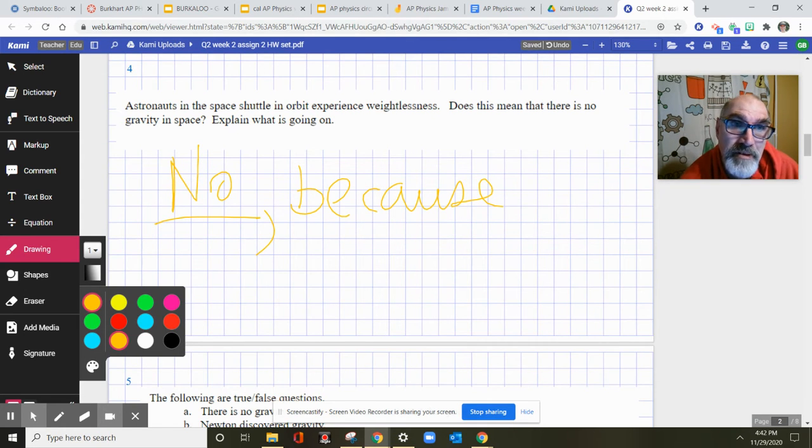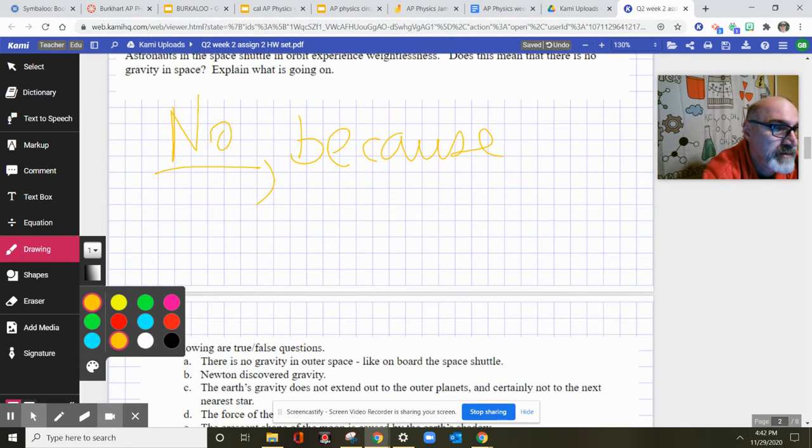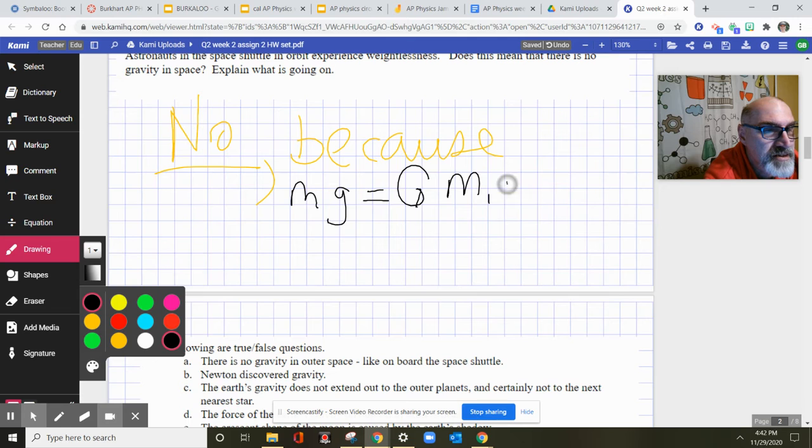But just to quickly review, your weight, mg, is the force of gravity. And the force of gravity, according to Newton, is the universal gravitational constant times the mass of you times the mass of the planet you're on, that would be the Earth, divided by your distance squared, right?